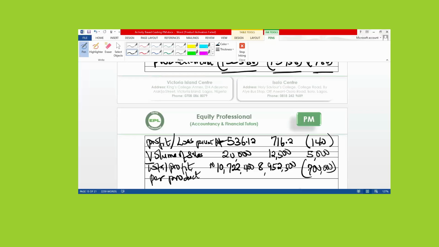Activity-based costing has helped us identify that where activities are used to allocate costs, the selling price for Gamma is wrong. We are charging a price below the cost of the product.